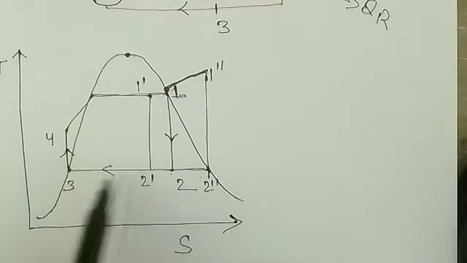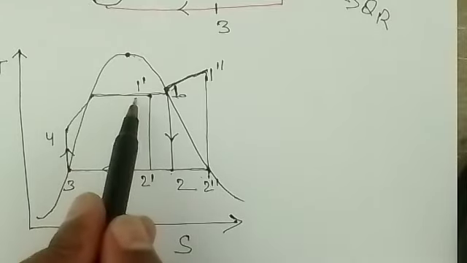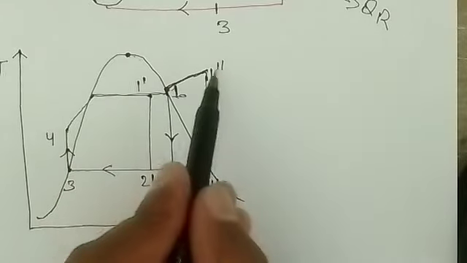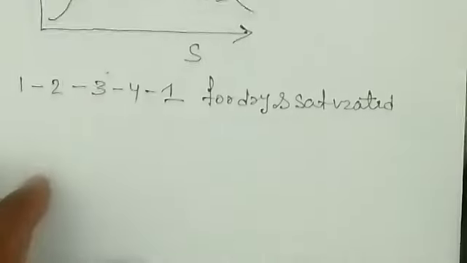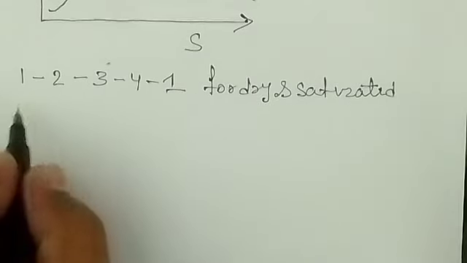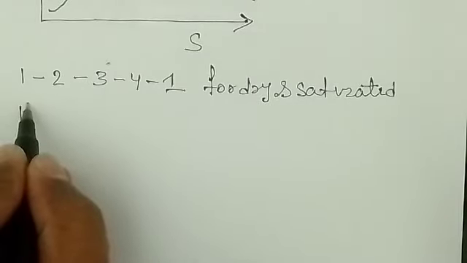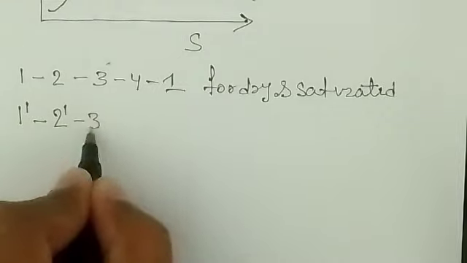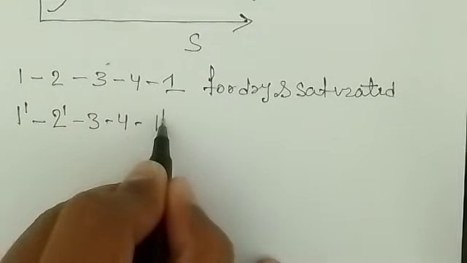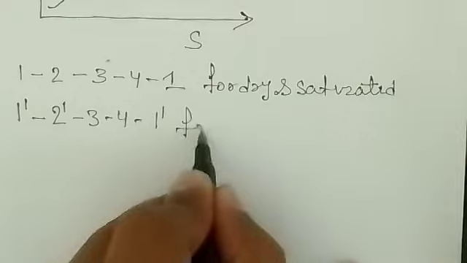This is a cyclic loop for dry and saturated, meaning the steam which enters the turbine is dry and saturated. Again 1 dash, 2 dash, 3, 4, 1 dash is for wet steam. And 1 double dash, 2 double dash, 3, 4, 1 double dash is the superheated case. So it will be easy for you to understand. That is 1 dash, 2 dash, 3, 4 and 1 dash. This is for which type of steam?